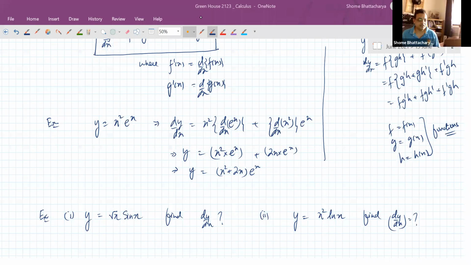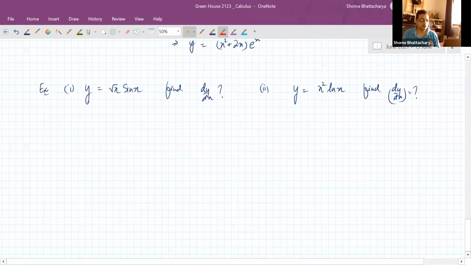Again, it's just a matter of getting used to how to apply the property, and of course the fundamental formulas of differentiation we have to remember. So we will treat this as our f and this as our g. So dy by dx we can write in whatever order we like. We can write it as f prime g plus fg prime, or fg prime plus f prime g, but that's the important thing. So dy by dx, I'm going with this now.